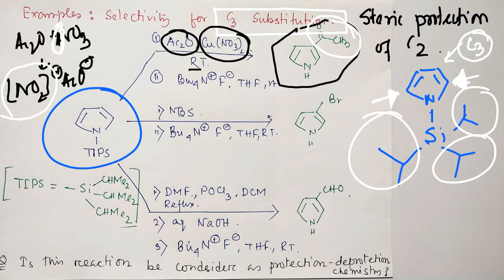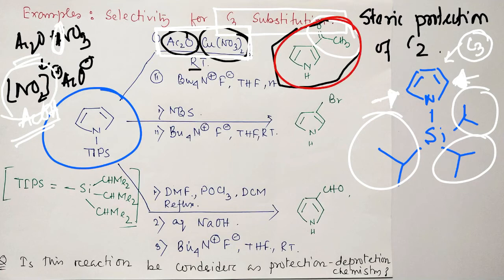Actually, because of this proton, acetic anhydride gets broken into acetic acid, because along with that acetic acid is produced. Okay, but in this case no proton is there, it's a proton-free environment. Consequently, nitronium cannot be generated, so only one option is left, that is the acetyl cation generation. That's why this acetylation reaction occurs. I guess we have understood.